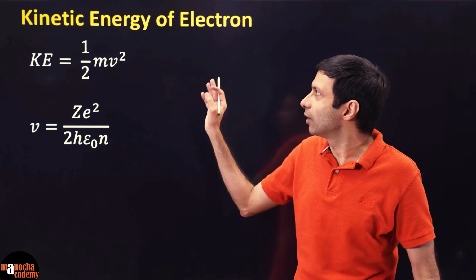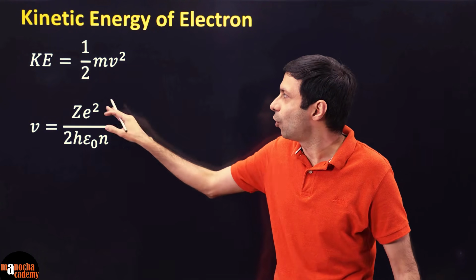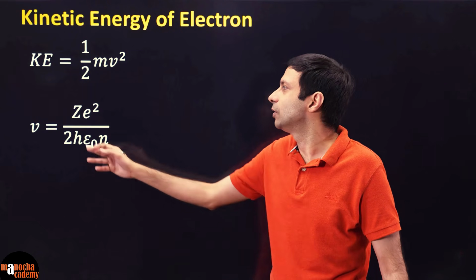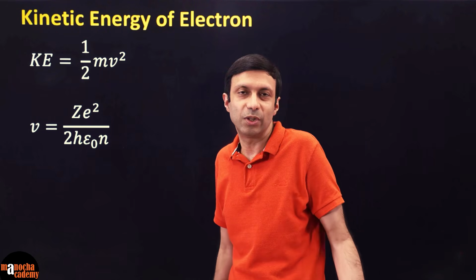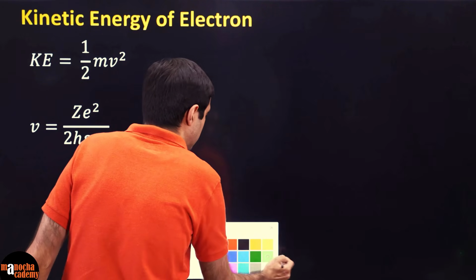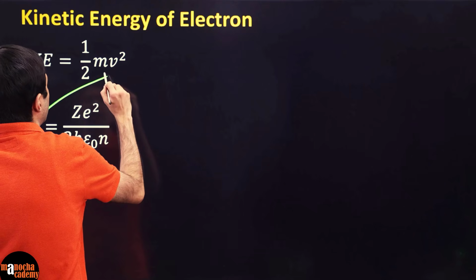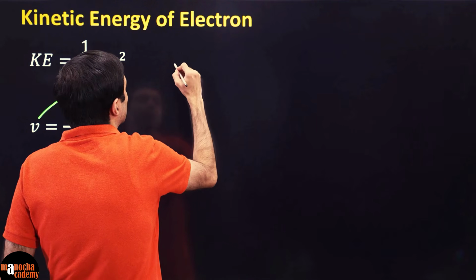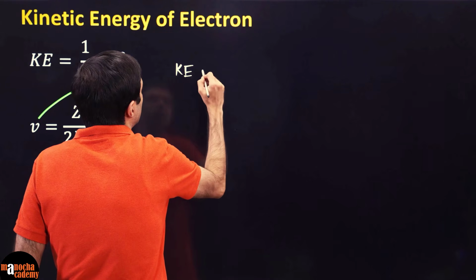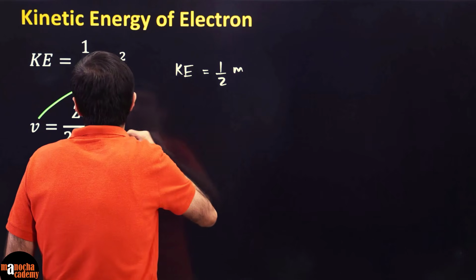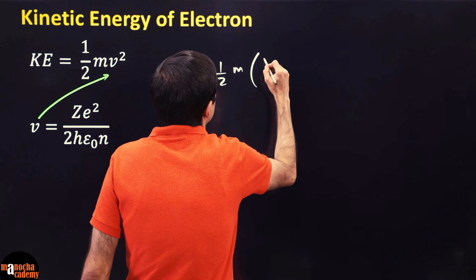So if you want to get the kinetic energy in terms of all these symbols that we have discussed, what do we need to do? Just substitute the velocity formula into this kinetic energy formula. Substituting this v, I am going to get kinetic energy equal to half m, and this v square will be this entire thing.